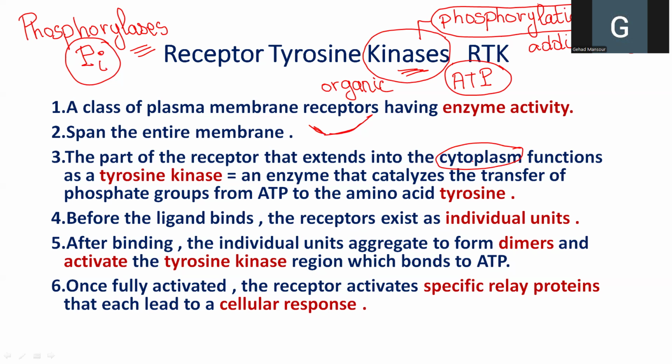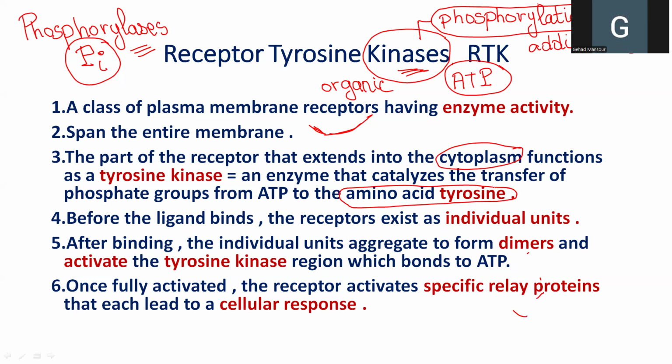But to which substrate? To a specific substrate, because every enzyme has its own substrate, and the specific substrate of the receptor tyrosine kinases, of course, is the amino acid tyrosine.